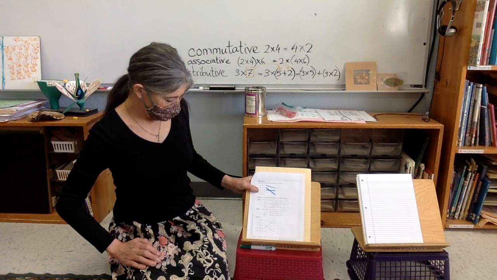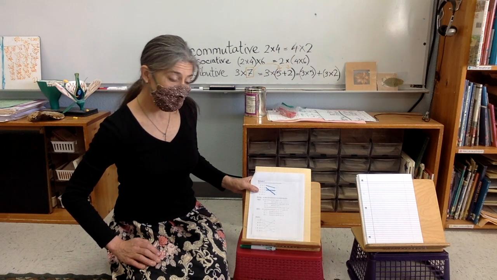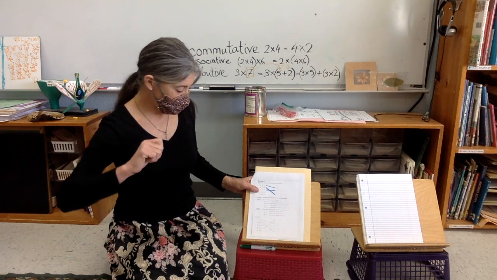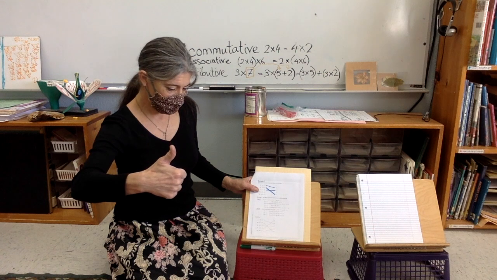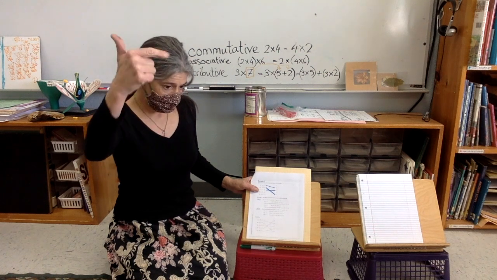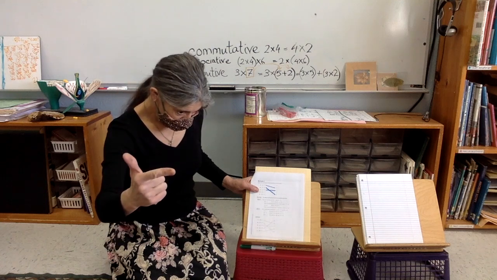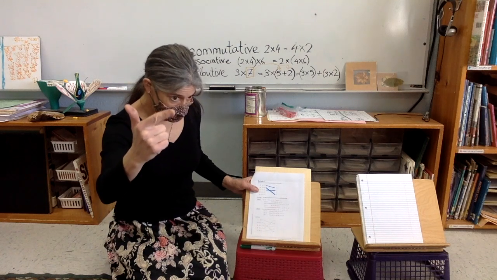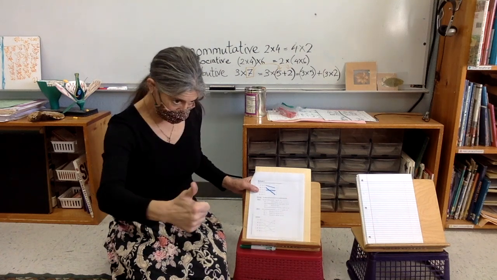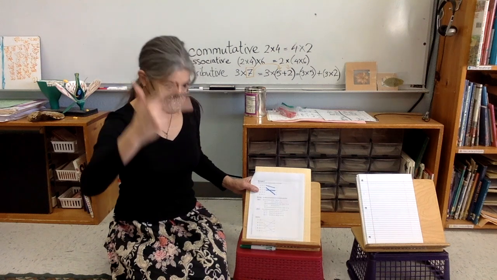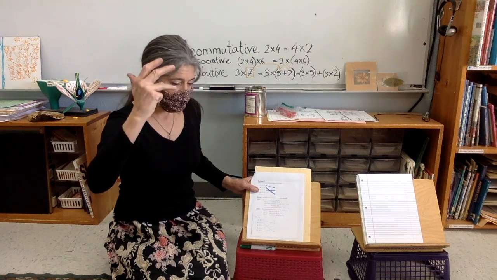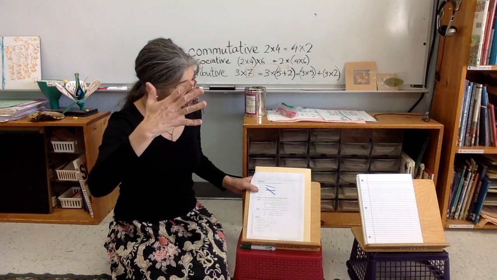The next one, 40 divided by 8. Gideon. Try skip counting. 8, 16, 20. Don't forget your fingers. 8, 16, 24, 32.